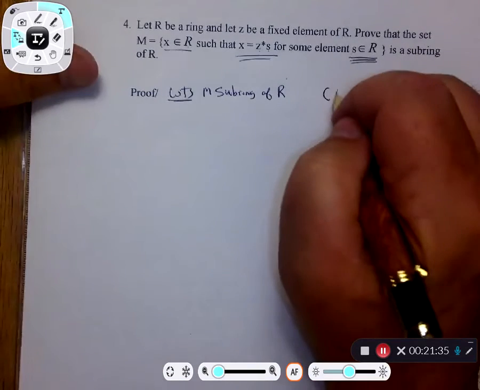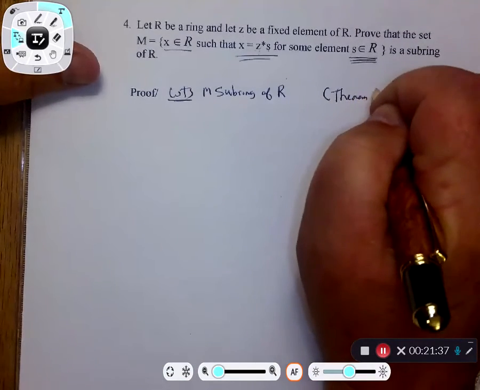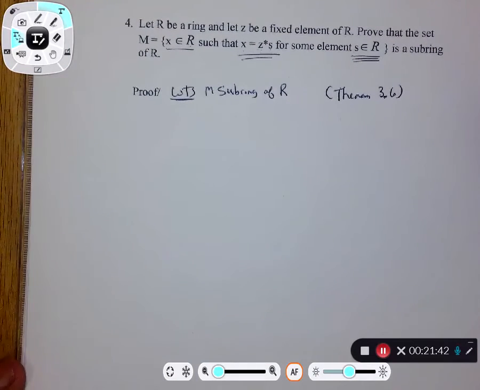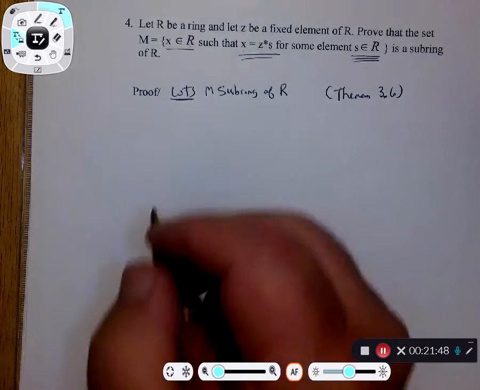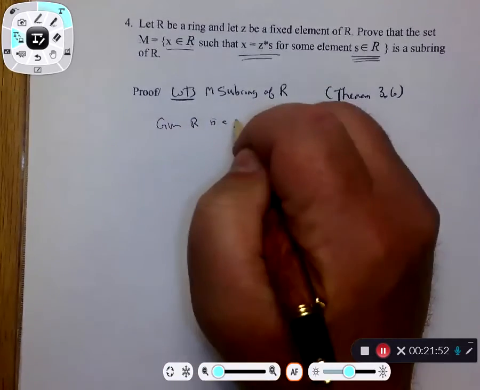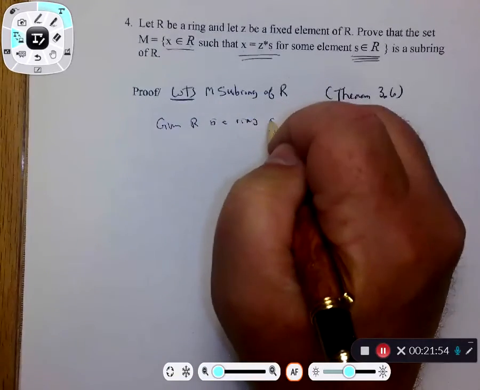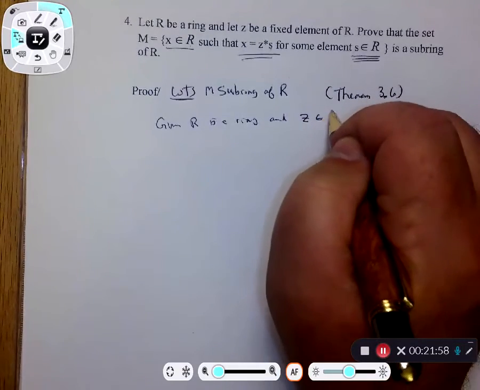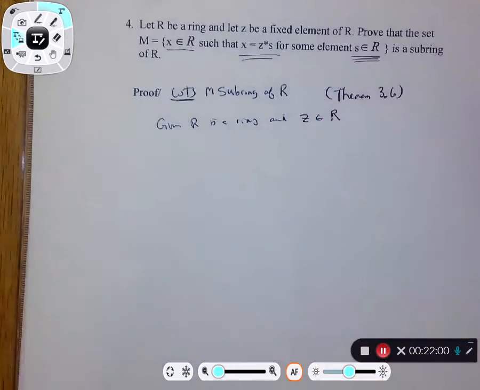I'm going to quote my favorite theorem 3.6. So, in terms of your proof, part one, I've got to show it's non-empty. Start with your givens. R is a ring, and Z is a fixed element in R. Z is an element of R.